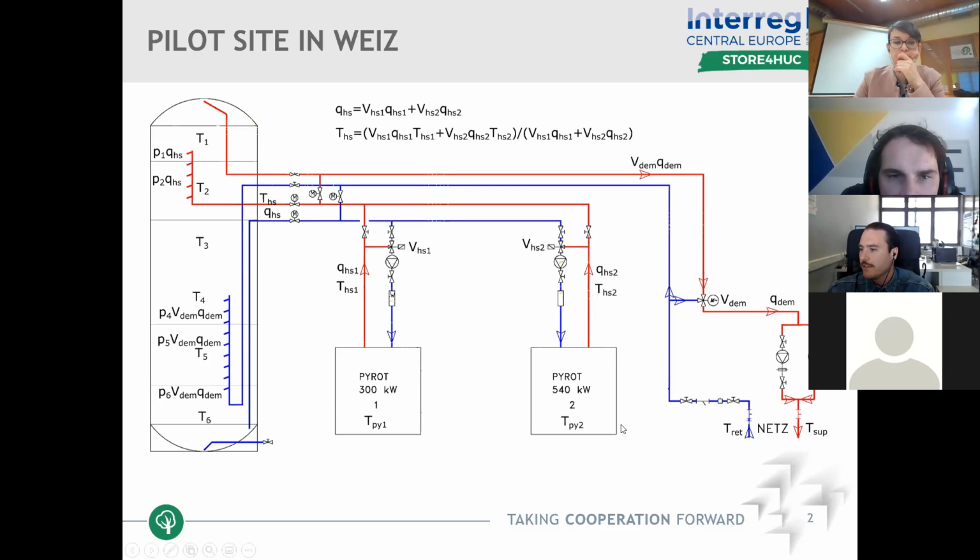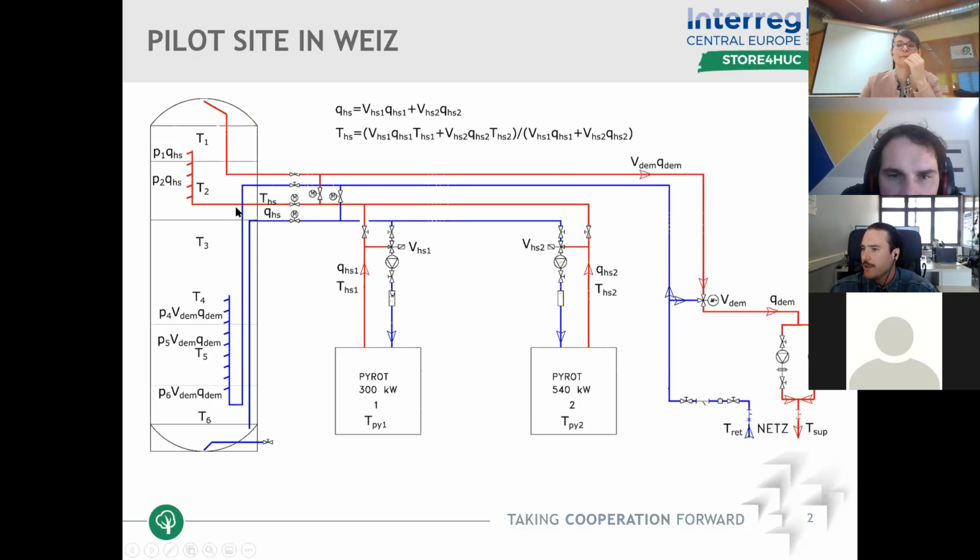Here we have 2, I think, wood chip boilers with different nominal powers, which both feed this hot water to the tank. So this line coming to the tank spreads out. So there is a part of this heat coming to layer 2 and a part coming to layer 1.